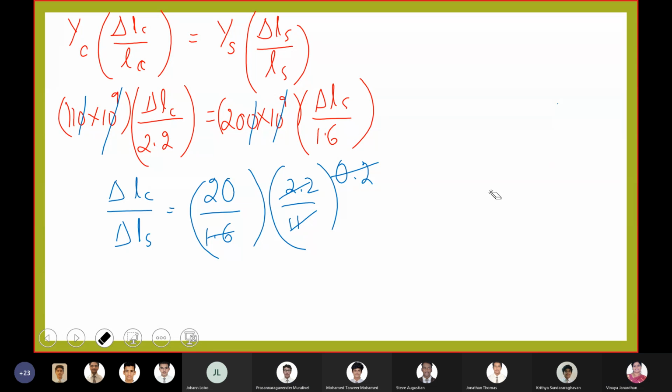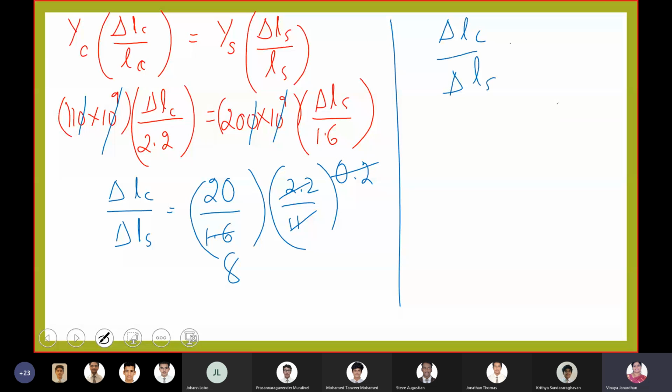Here, boys, I'm taking it to the other side. The denominator will become numerator on the other side. Okay, got it. So what will be the value? 0.2 into 8, so delta Lc by delta Ls.